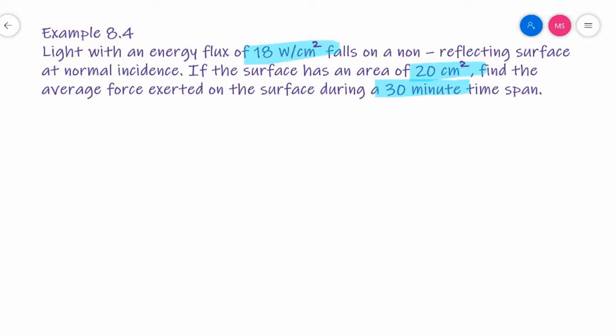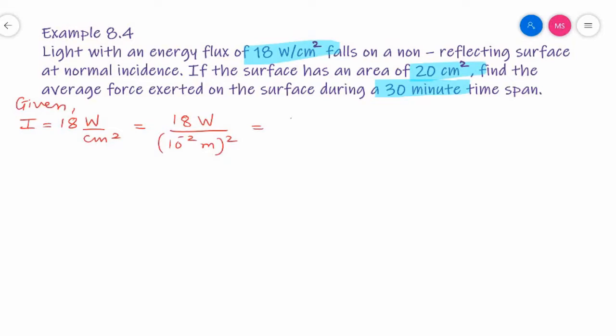So let us start solving this example by making a list of given data. In this example, energy flux is given, which is nothing but intensity I, given as 18 watt per centimeter square. So this is equal to 18 watt over (10 to the power minus 2 meter) whole square.